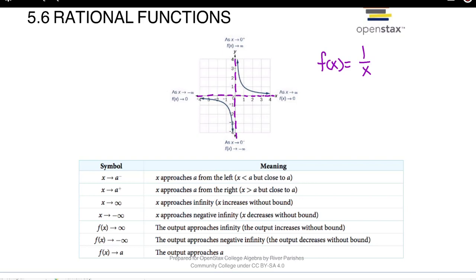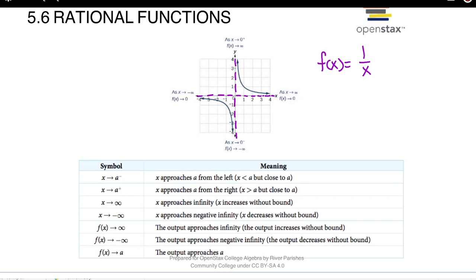a little bit deeper. So if you're looking at this graph, you'll see that the end behaviors are written in these 4 places. So if you'll look, this is the x-axis. This is as x is approaching infinity. Here's x is approaching negative infinity.